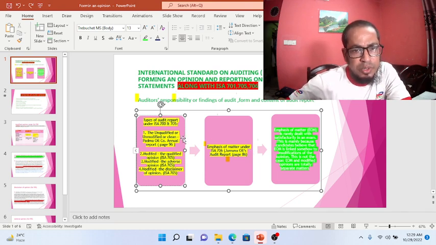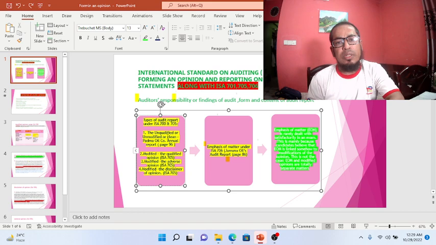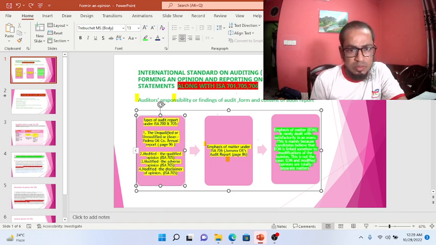Types of audit report. Dear students, we should know the types of audit report. If we don't know the types of audit report, we can't link the answers to the questions given.